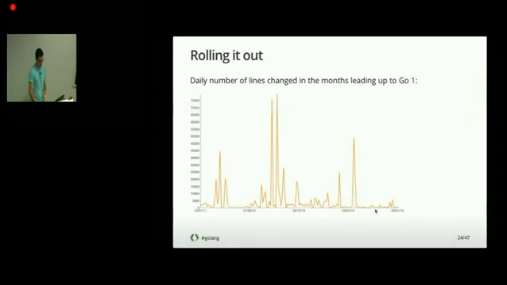This is a graph of the number of lines changed each day in the months leading up to Go 1, and it kind of peaks at like 75,000 lines changed in a single day. These are obviously mechanical changes, but you can see the breadth of the changes that we were making by this graph.